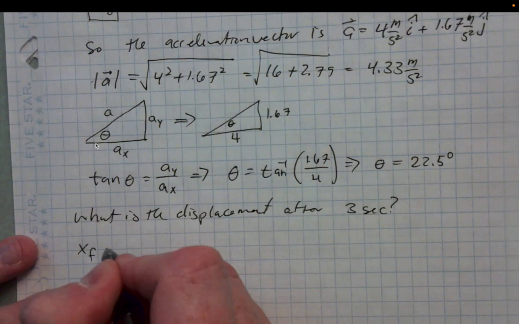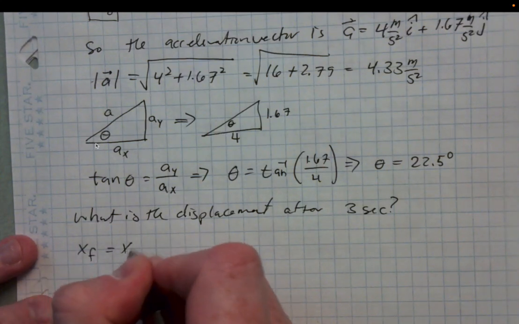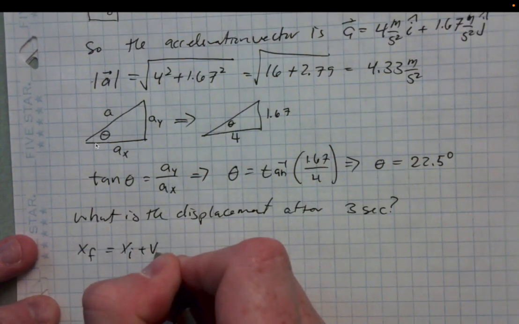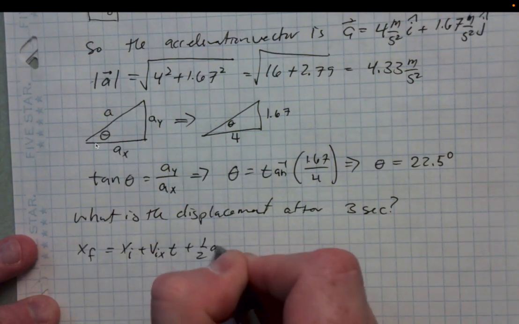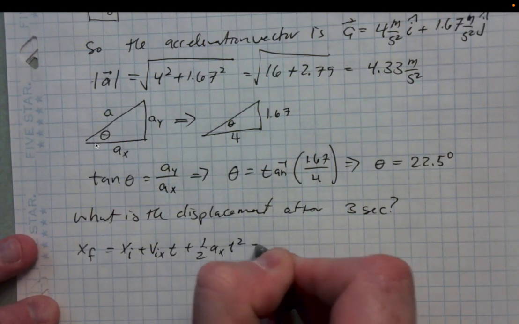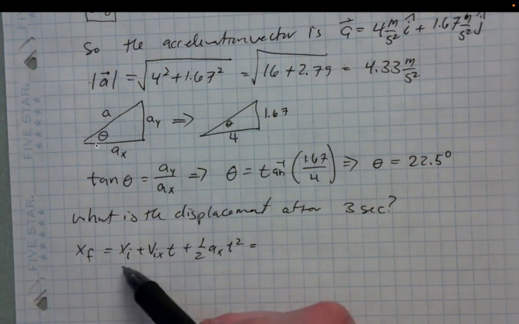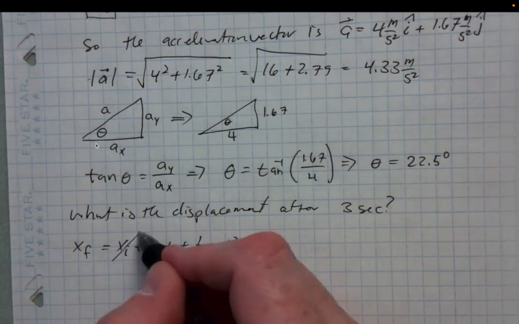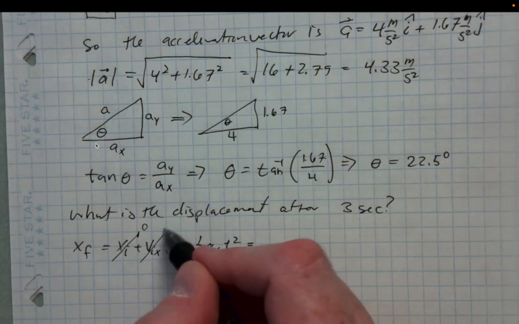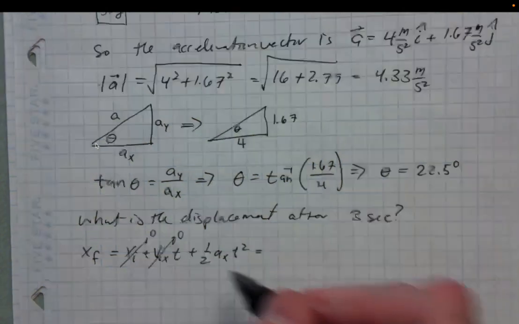So x final is equal to x initial plus v initial x times t plus 1/2 a sub x t squared. The initial position we'll say is the origin, so the x component is 0. And the initial velocity, we'll say it's at rest, so that's 0. So really all you need is this last term.